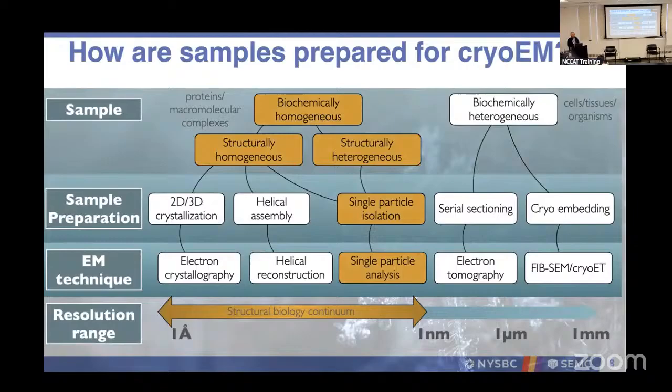But we'll really touch upon the canonical single particle workflow, where typically you can enrich for a macromolecular complex and ideally isolate it in not just structural homogeneity, but identity-wise homogeneity.